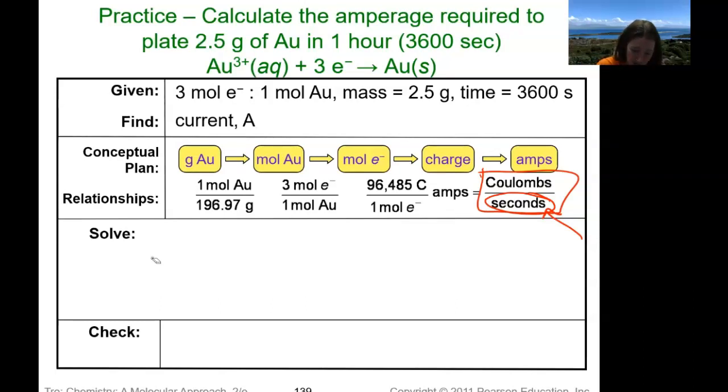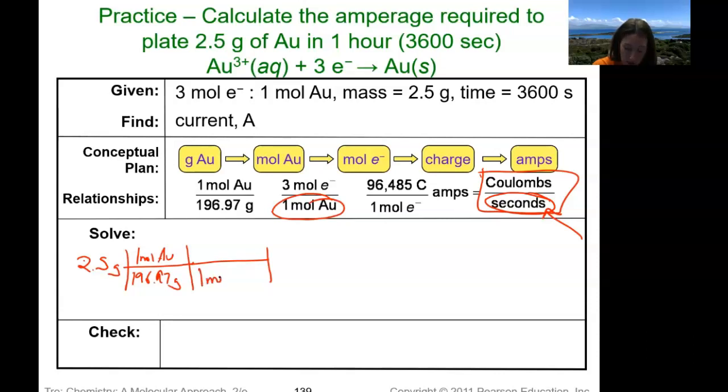So in this case, I'm just going to start with 2.5 grams because I saw that needed to happen. And then our molar mass was 196.97 grams in 1 mole of Au. So moles of Au have to go on the bottom. So 1 mole of Au, and it's 3 moles of electrons.